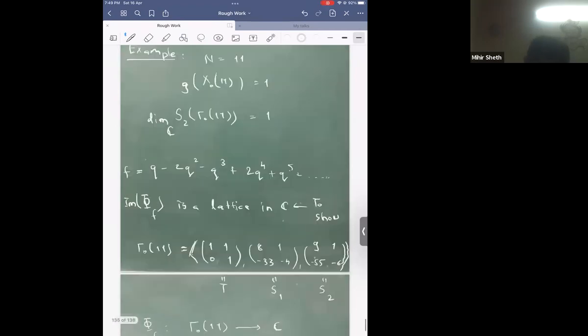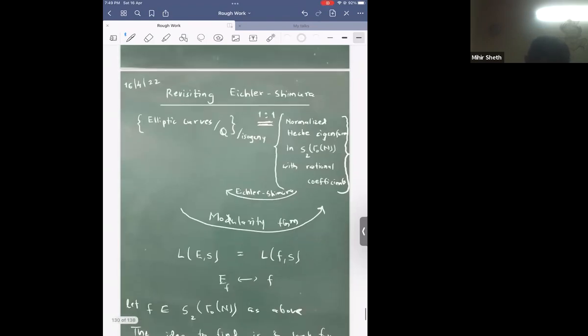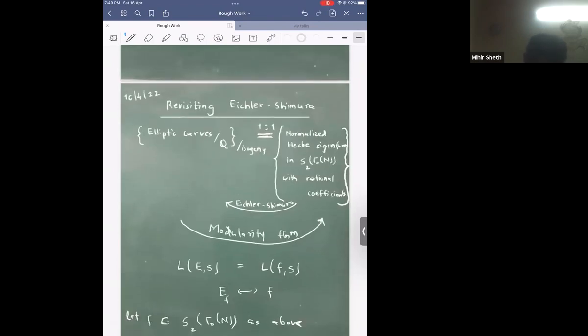Once you have an elliptic curve attached to a modular form, how do you get a Galois representation? You just take the Tate module attached to the elliptic curve at various primes. This I discussed in my talk.